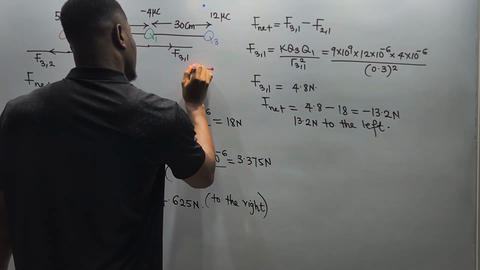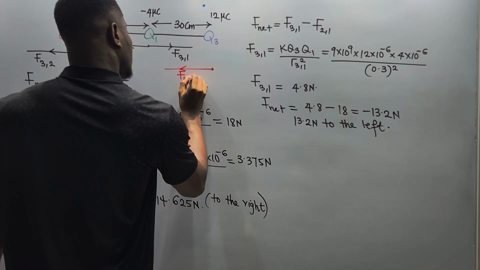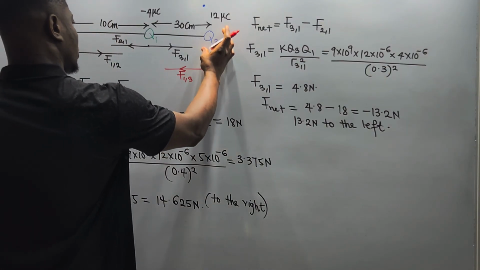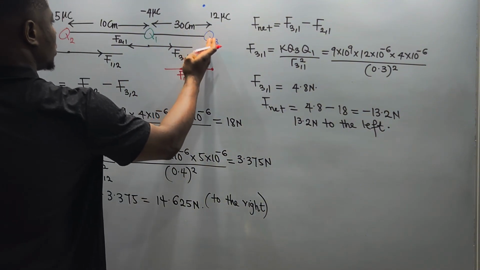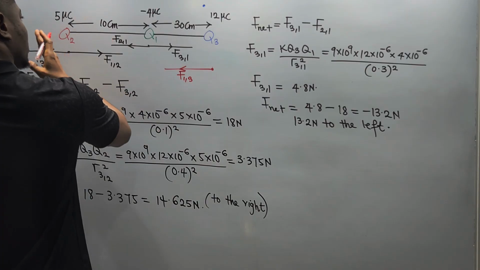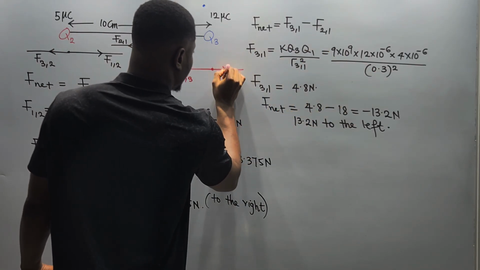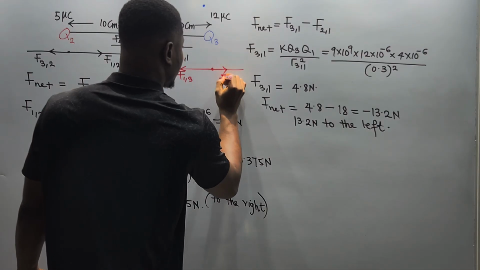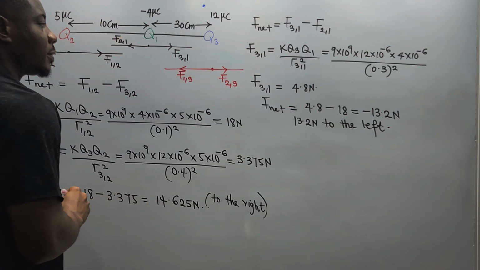So the force between 1 on 3 is an attraction of Q3 to Q1. Then again, if you observe between Q3 and Q2, both positive charges, Q3 will repel. So it's going to move like this. This is F of 2 on 3.